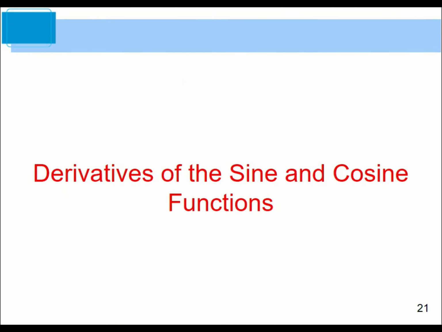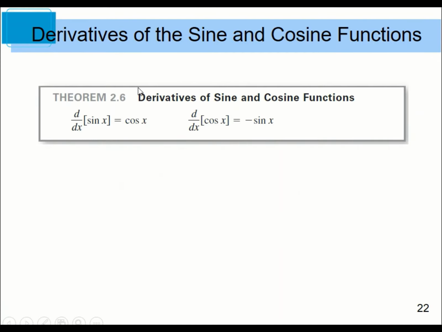Okay, there are very important definitions when we try to find the derivative of the sine and cosine functions. These two definitions we need to actually memorize, we need to remember them. If we differentiate sine, we get cos, and if we differentiate cos, we get negative sine.